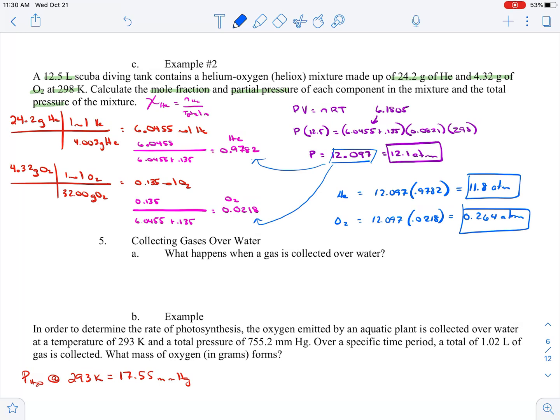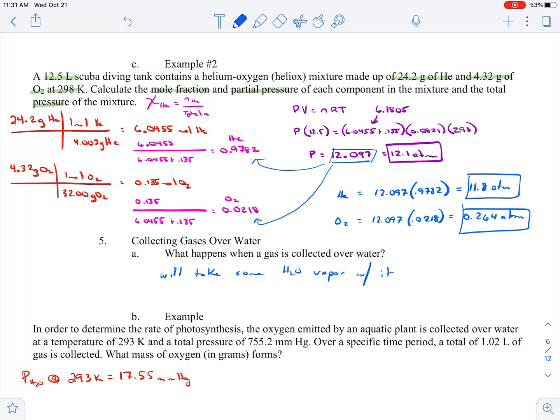Well, as we collect that gas, the gas, as it's bubbling in through the water, will take some water vapor with it.